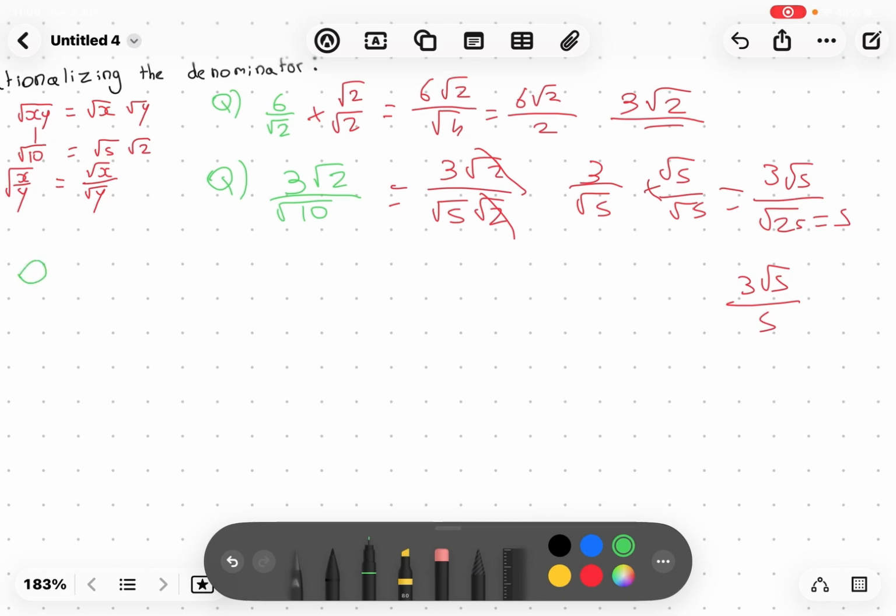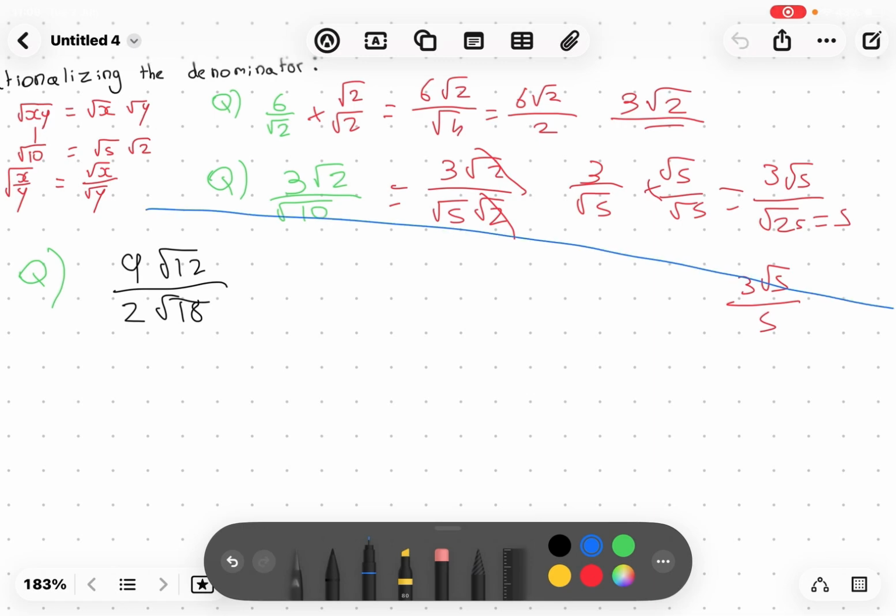And then the next question is 9 square root of 12 over 2 square root of 18. Well, this time, in this case, we can expand both of them, because they're both big numbers. I'm just thinking how to do this.